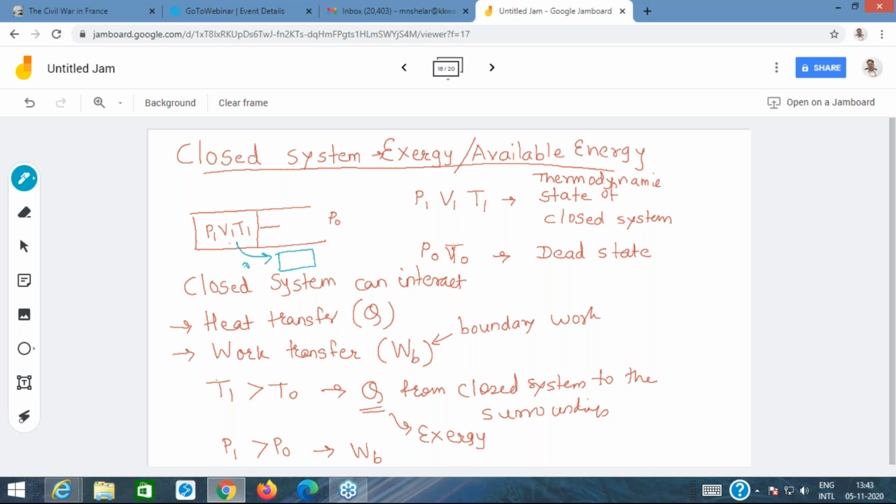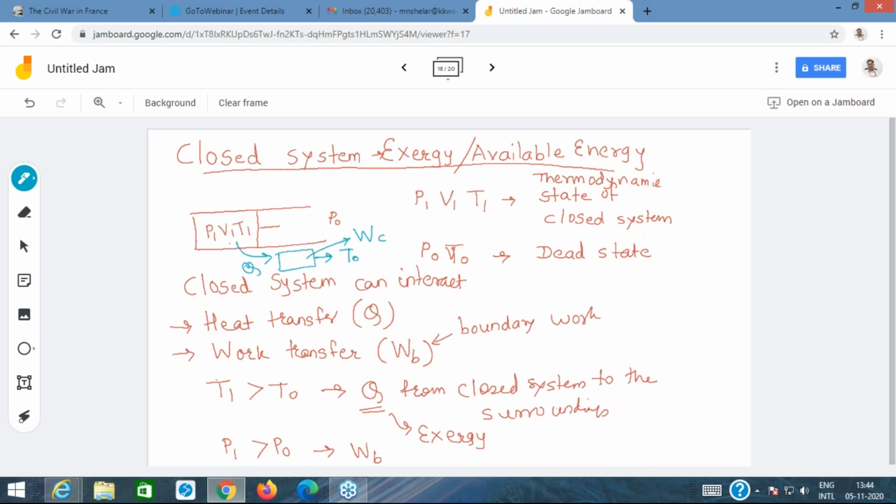This Carnot engine rejects the heat to the surroundings, which is the dead state. So the work output of the Carnot engine is the exergy of the heat which is being transferred by the closed system if it interacts with the surroundings. I have taken this direction as outside because I have assumed that the temperature T1 is greater than T0.